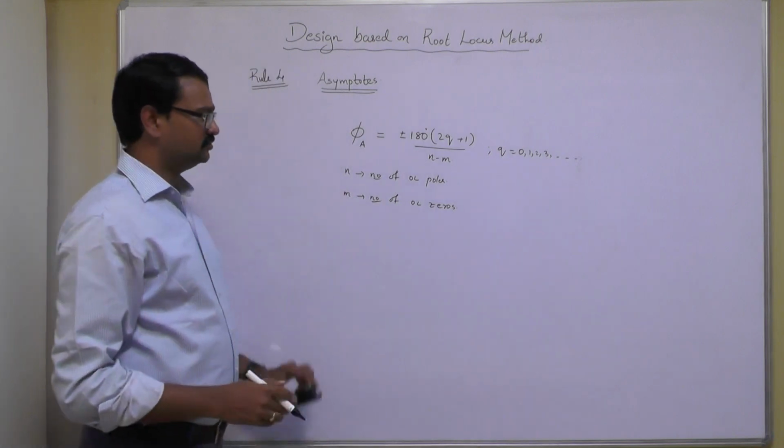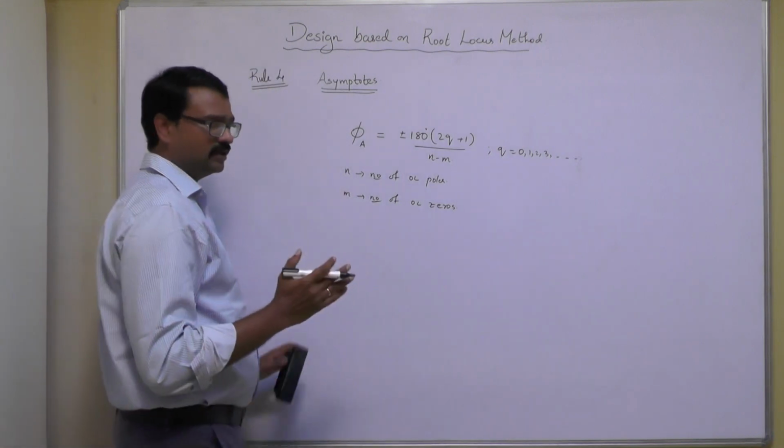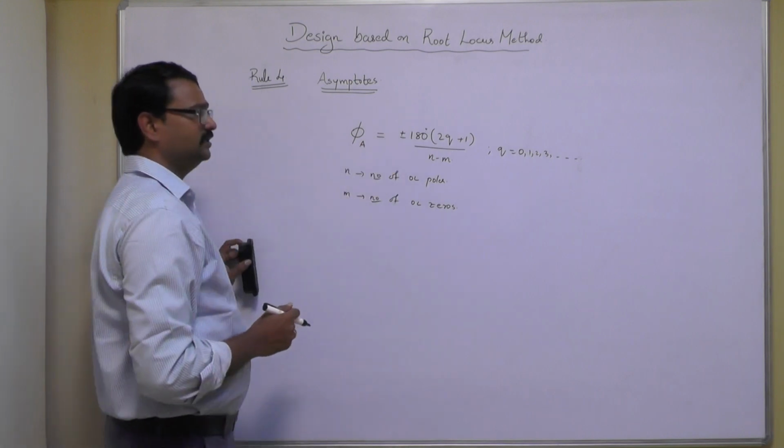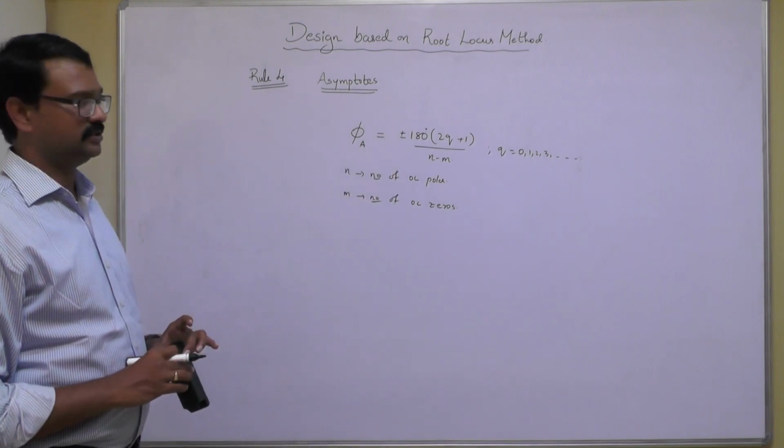The asymptote angles can go up to infinity, but we will consider only whatever is required. So phi A is 180 degrees into (2q plus 1) by (n minus m).